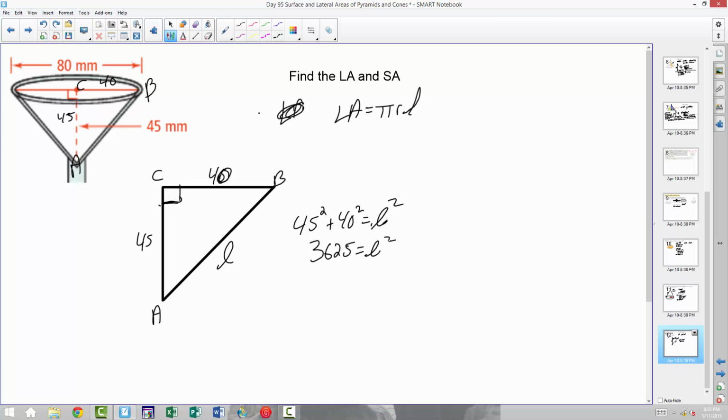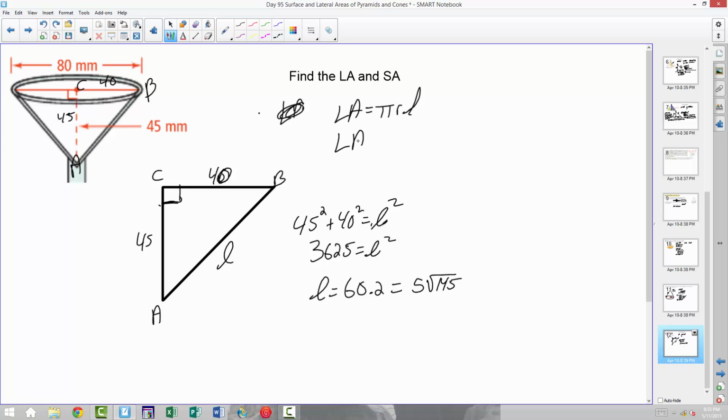So if I take the square root, I get 60.2. So L is 60.2. It's actually 5 root 145, if you wanted the exact slant. So now I can find my lateral area.